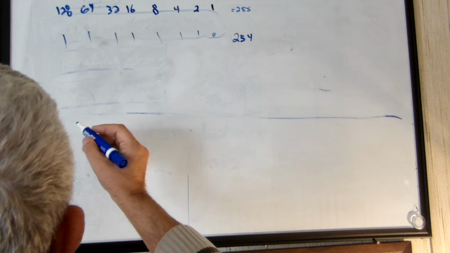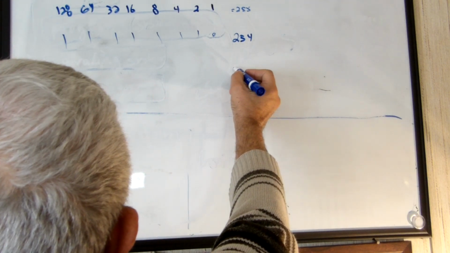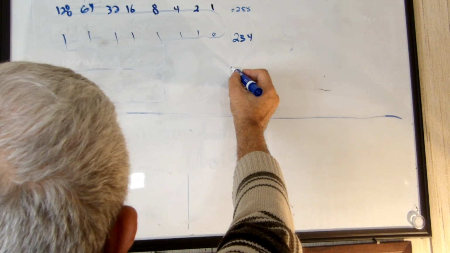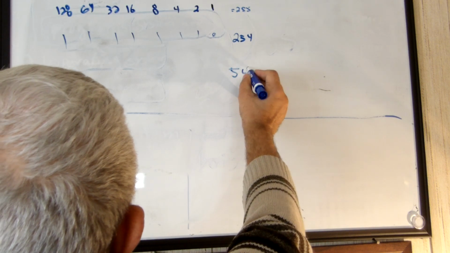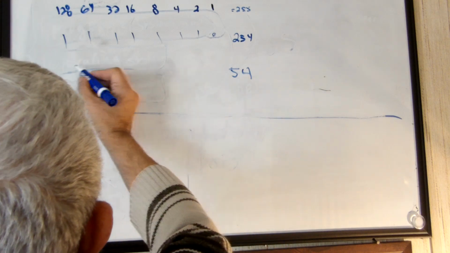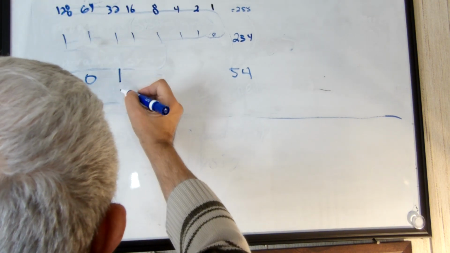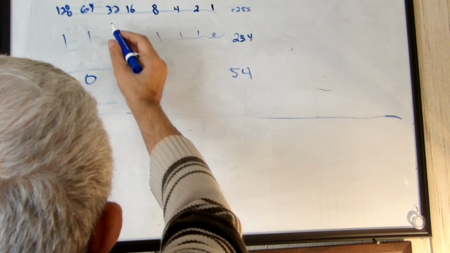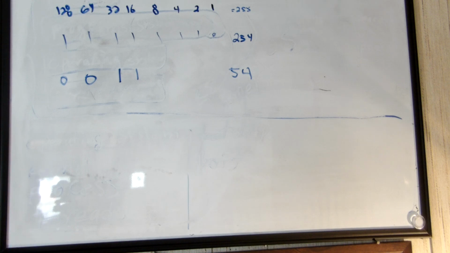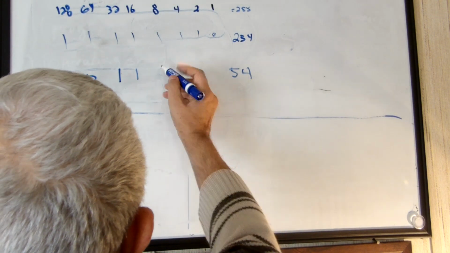If they give you 54, what's it going to be? We can't use 128, so that is 0. We can use 32: 54 minus 32, and 16 brings it to 48, up to 54 leaves 6.